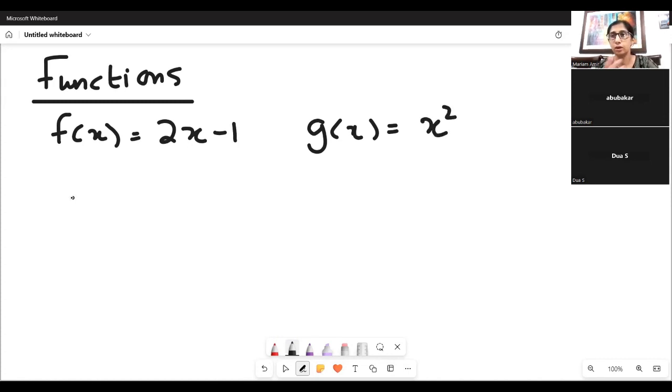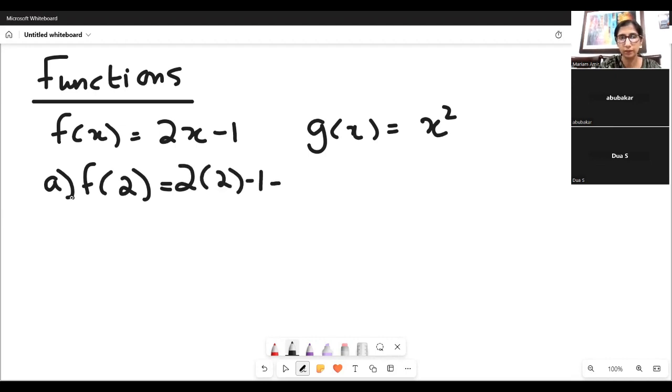From O levels, we also know how to find f(2). Who can tell me how do we find f(2)? It's 3. Yes. All we have to do is replace x with 2 and we get 3.